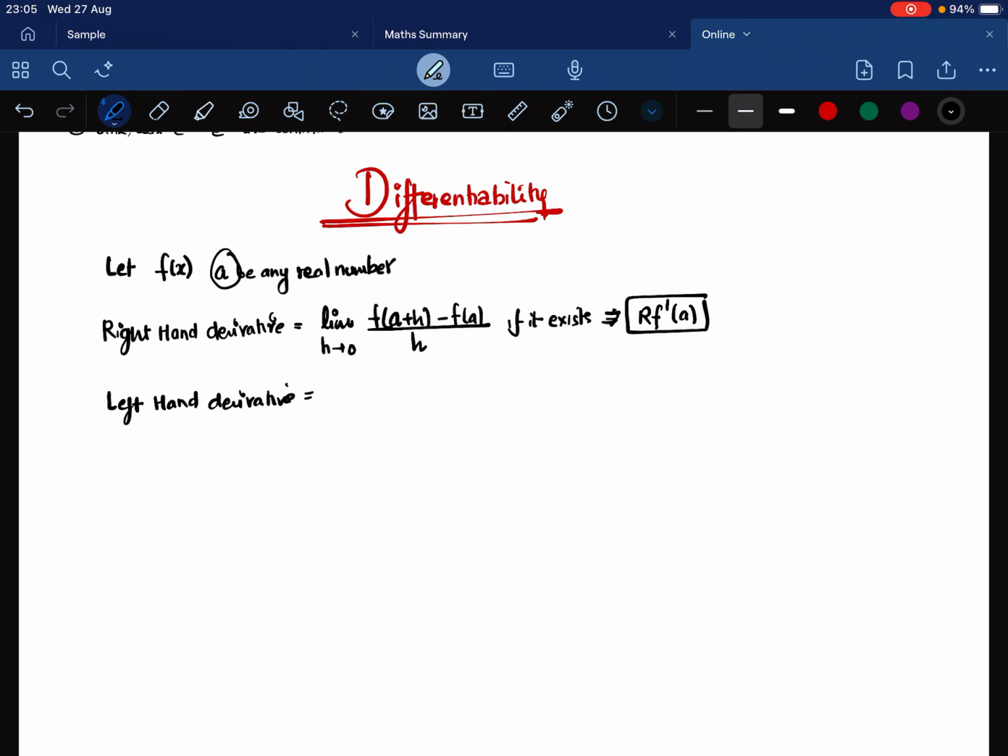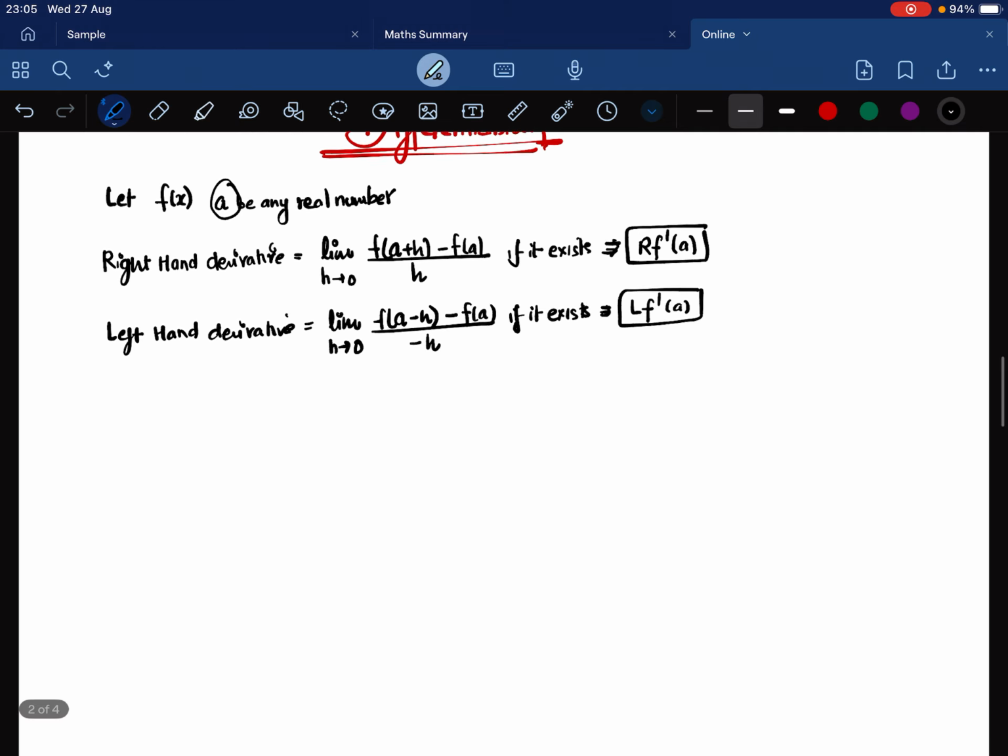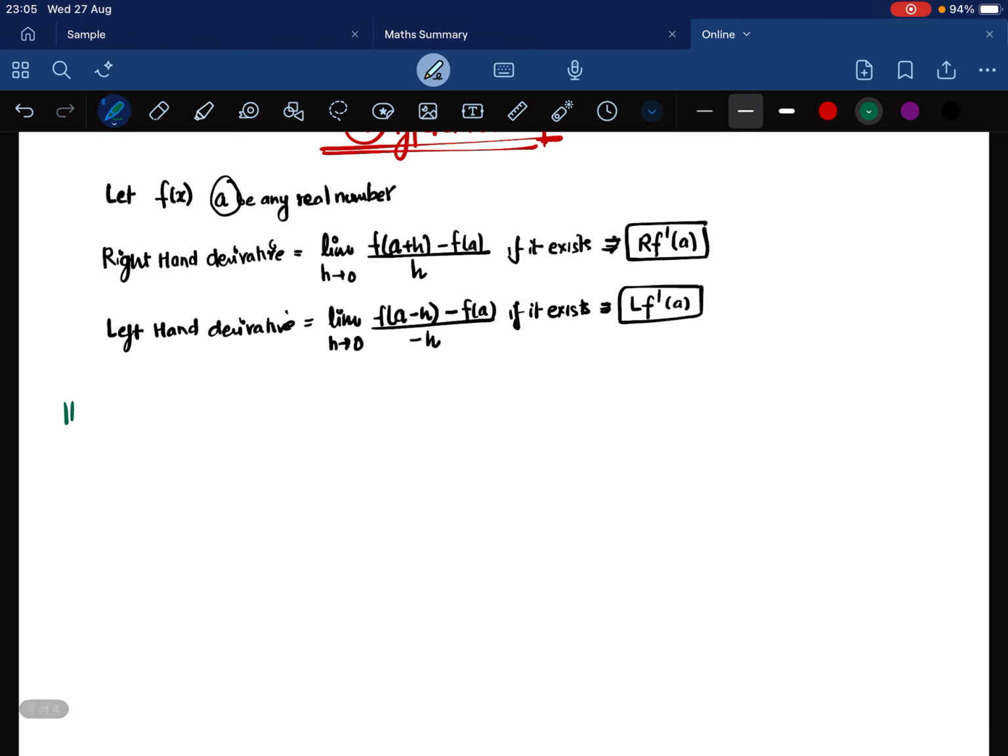Now the left hand derivative: limit h tends to 0, going in the left direction of the value a, so f(a-h) minus f(a), and here instead of h it would be minus h. If this exists then we represent it as Lf'(a), and this is called the left hand derivative.